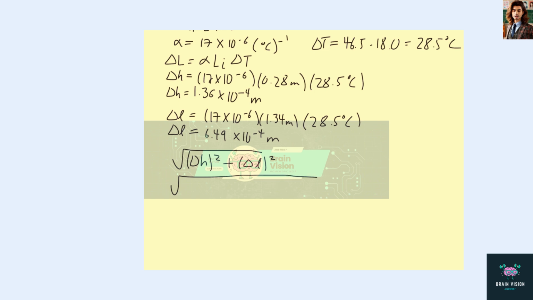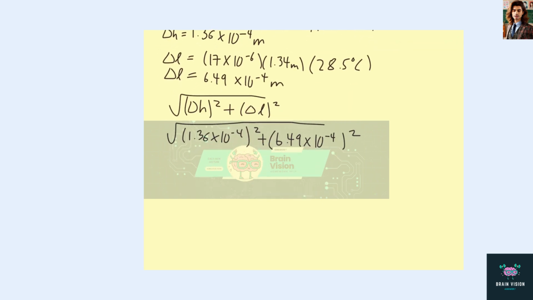So when we plug in our numbers, delta H, 1.36 times 10 to the negative 4 squared, plus delta L, 6.49 times 10 to the negative 4 squared, you should find the magnitude of displacement. I'm just going to label this D for displacement, and it is equal to 6.63 times 10 to the negative 4 meters.